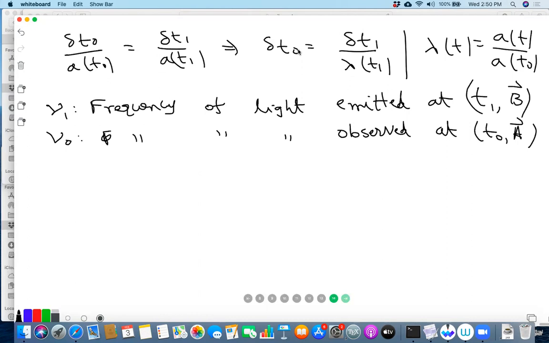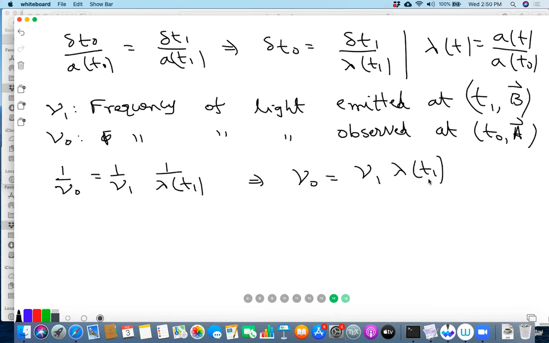So this is a period, and nu is the inverse of the period. So it tells us that 1 over nu 0 is 1 over nu 1 times 1 over lambda t1, or nu 0 is nu 1 times lambda t1. So this is the consequence.